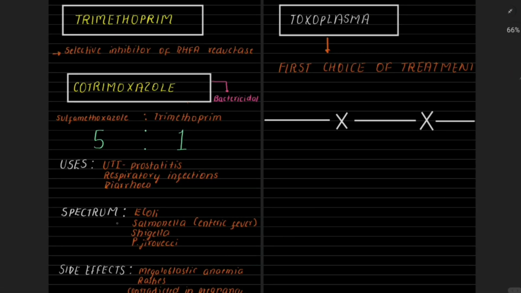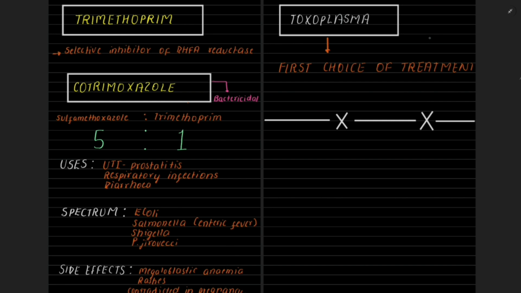Spectrum of cotrimoxazole is E. coli, Salmonella. As I said, it is effective against enteric fever but not used nowadays as better options are available. Shigella, Pneumocystis jirovecii. The side effects of cotrimoxazole are megaloblastic anemia, rashes, and this drug is contraindicated in pregnancy.